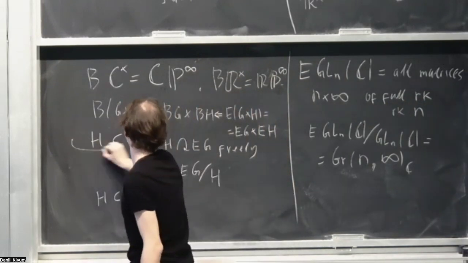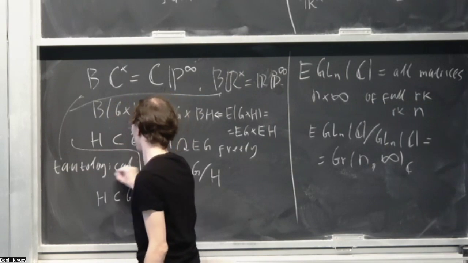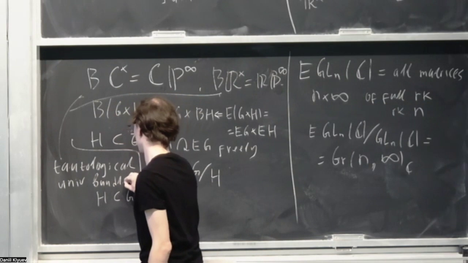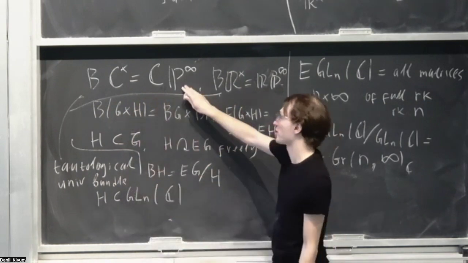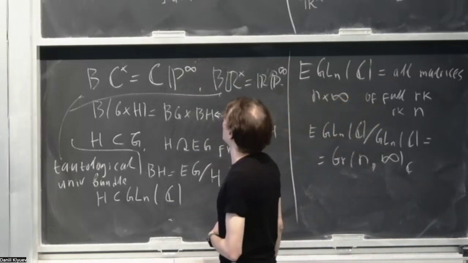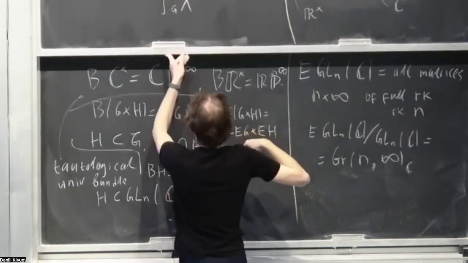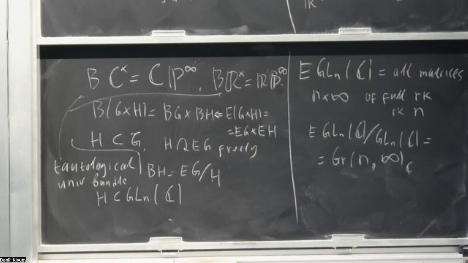So for these cases, the universal bundle is tautological: over each point, representing a line, is this line, C or R. And the notation is, yeah, and then characteristic classes.